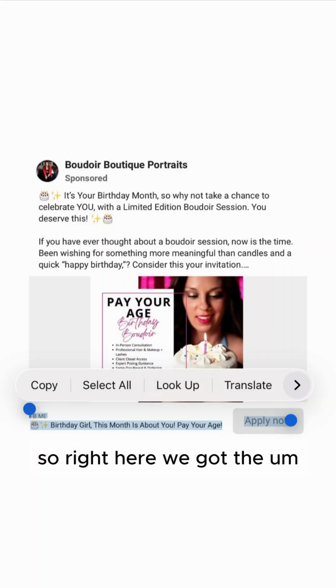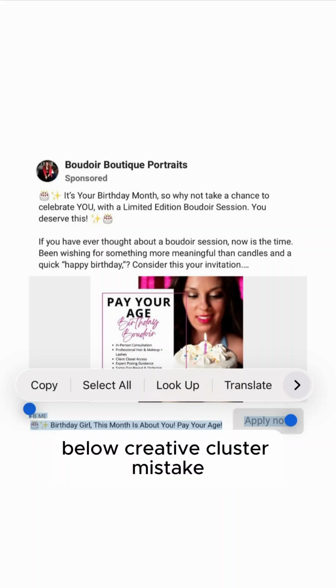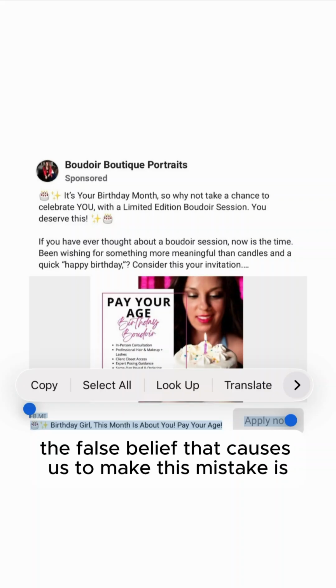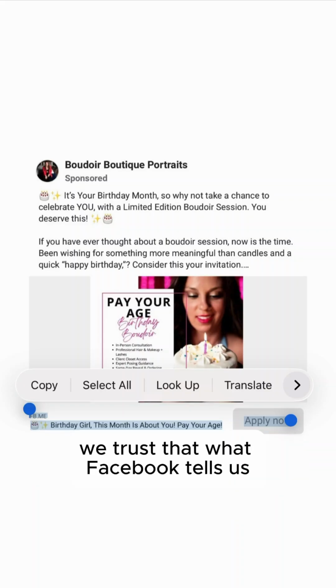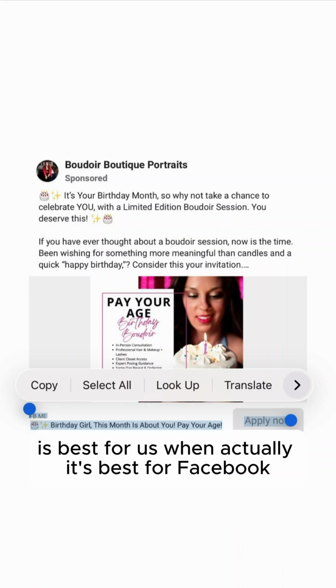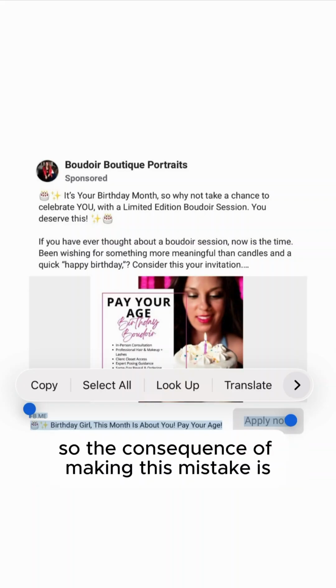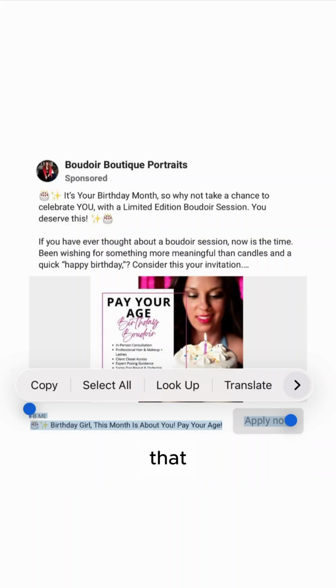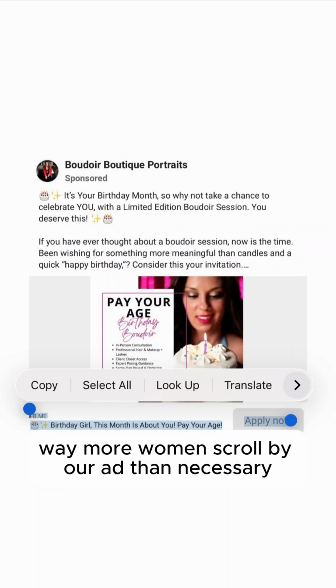So right here we got the below creative cluster mistake. The false belief that caused us to make this mistake is we trust that what Facebook tells us we should fill out when creating our ads is best for us, when actually it's best for Facebook. So the consequence of making this mistake is that we're going to have way more women scroll by our ad than necessary.